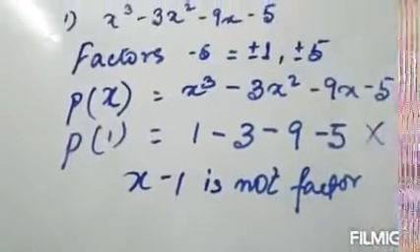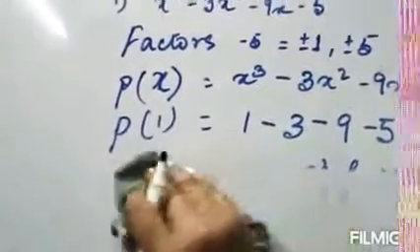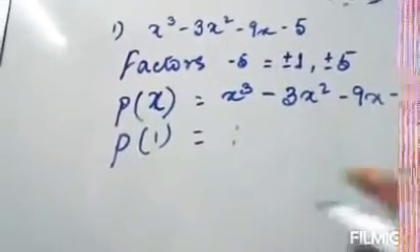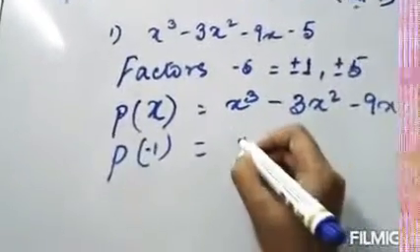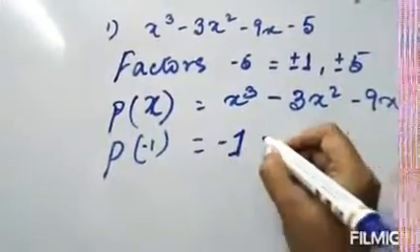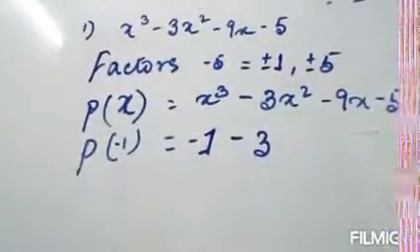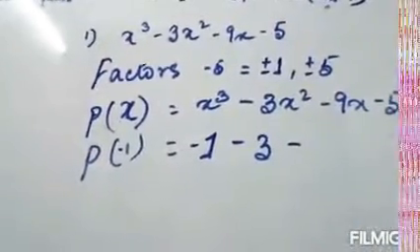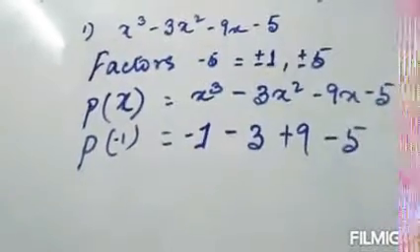Okay, let's try with minus 1. Let's see what it comes. So when I take minus 1, cube of minus 1 will be minus 1, square of minus 1 will be 1, minus 1 into minus 9 will be plus 9 and minus 5, correct?